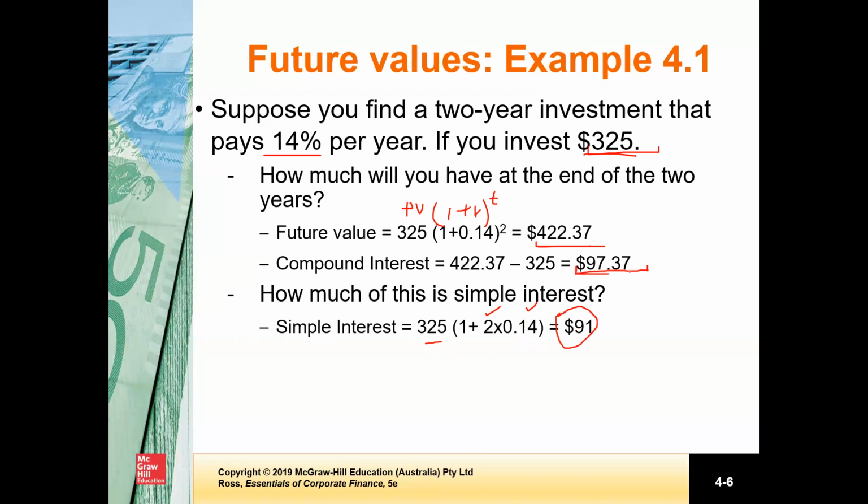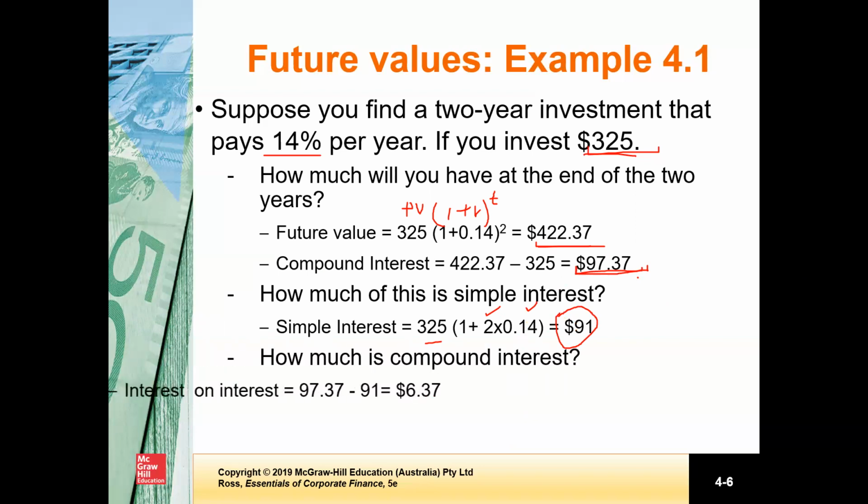However, the total interest earned on this investment was $97.37, which means the compound interest, or the interest on interest, is $6.37. So simple interest, earned only on principal, is $91, and the interest on interest amount is $6.37. When we consider compound interest, the total interest earned is $97.37.